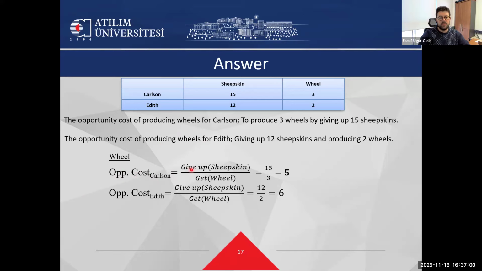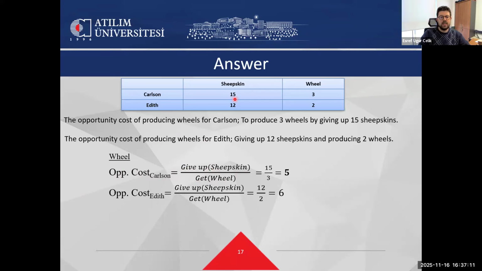Opportunity cost formula is give up divided by get. What we get? Wool. The other is sheepskin, so that is give up. Let's look at Carson. Carson produced 15 sheepskin and 3 wool. So opportunity cost for Carson for the wool is 5. For Edith, 12 divided by 2, this is 6.